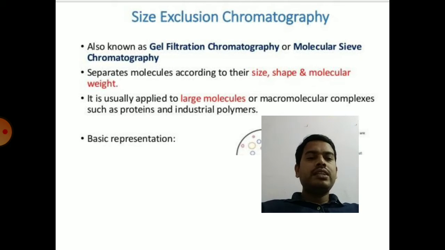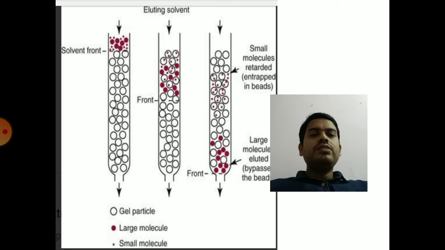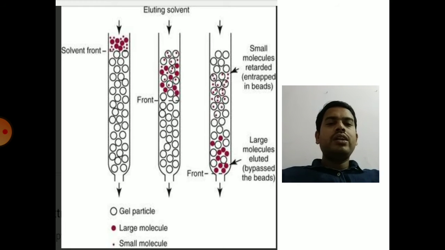This is called the retention time. So the separation is based on the size, shape and retention time of the molecule. All these will be based on the shape of the protein to be eluted from the column. This is how you separate by molecular exclusion chromatography.